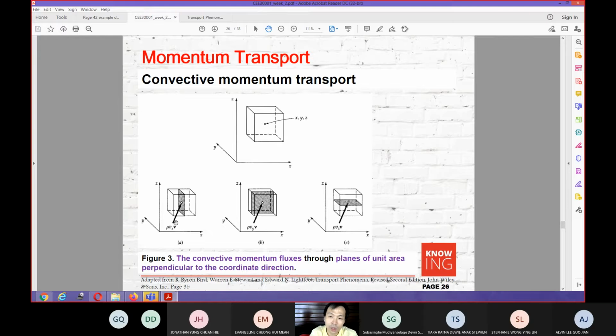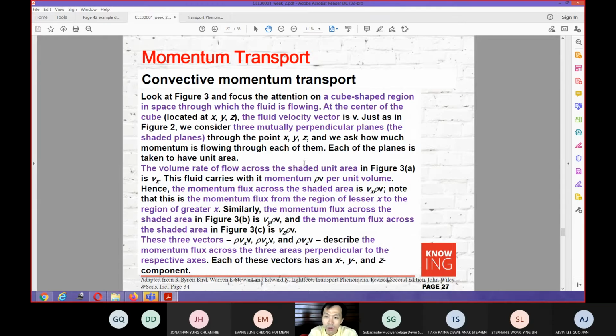So let's assume that we remove half of this cube, and then we want to find out what forces are needed to replace that half of the cube in this particular area, at this particular point. If we look here, we know that the fluid carries with it a momentum rho v per unit volume.